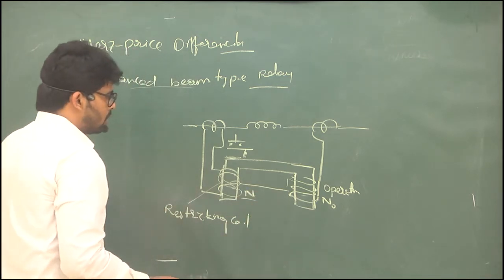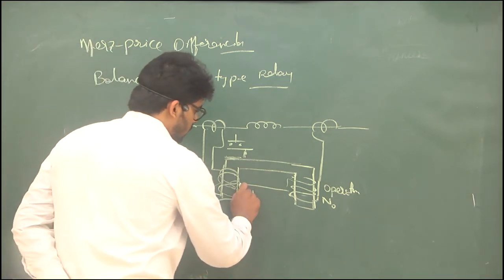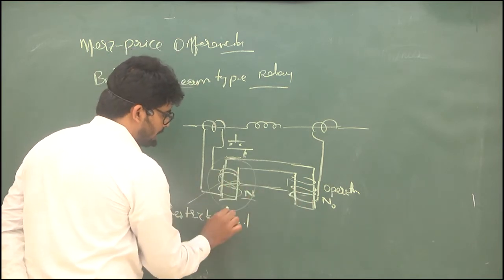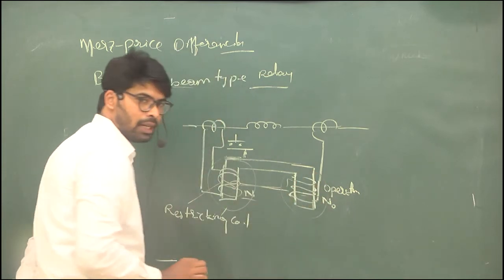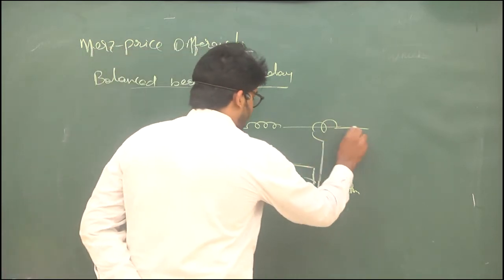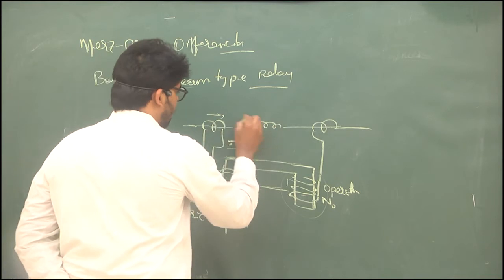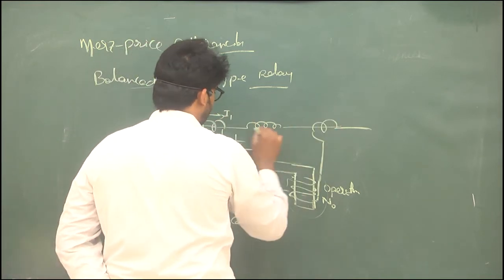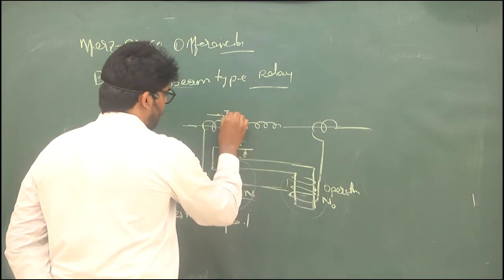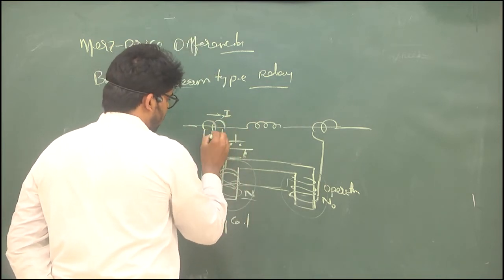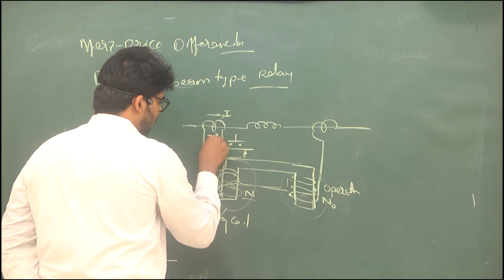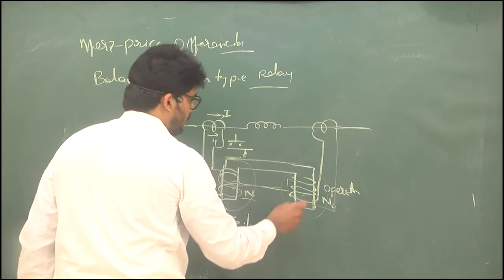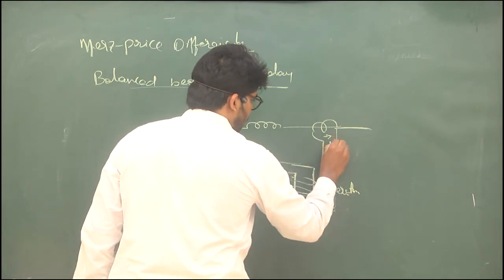So in normal conditions, the restraining force will always be greater than the operating force. Whenever any fault occurs, say a current I1 is flowing here, and a current I2 is flowing here.